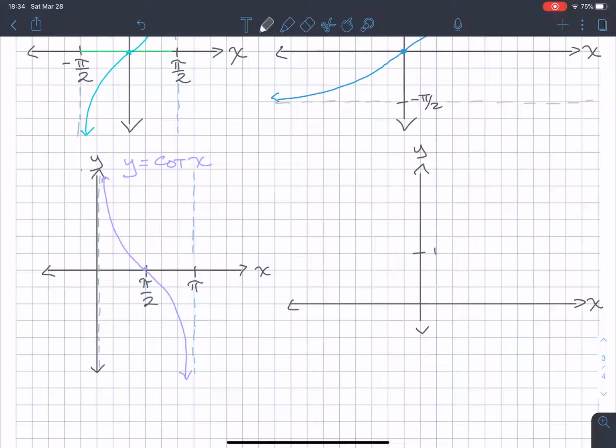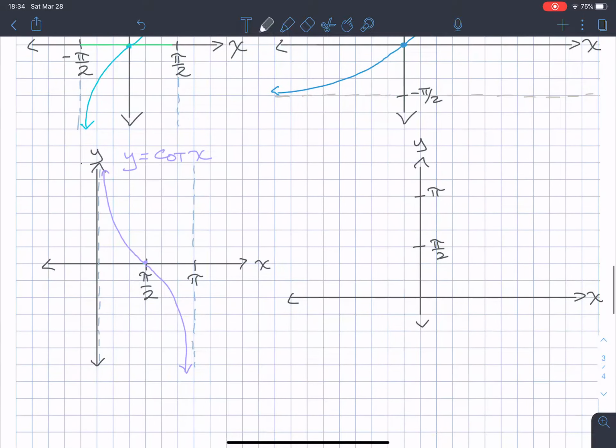So let's have this be pi over 2, and this is pi. Okay. So we'll have a horizontal asymptote at 0 as opposed to a vertical, and a horizontal asymptote at pi as opposed to a vertical one.